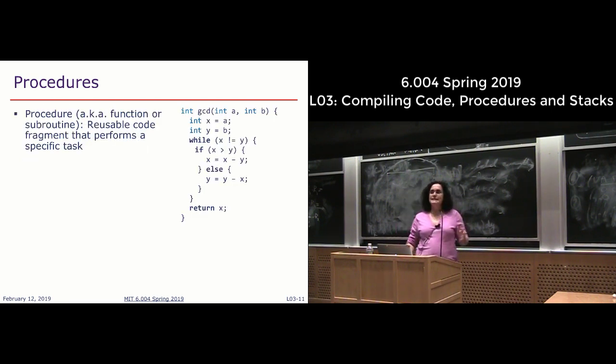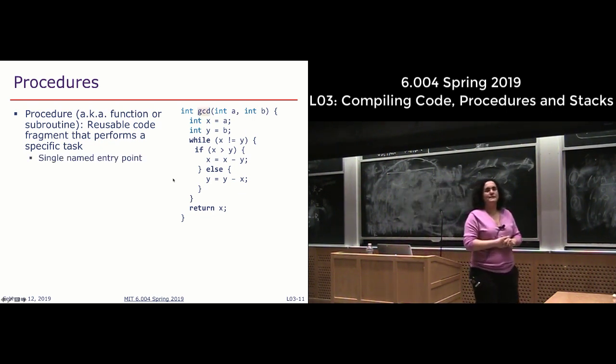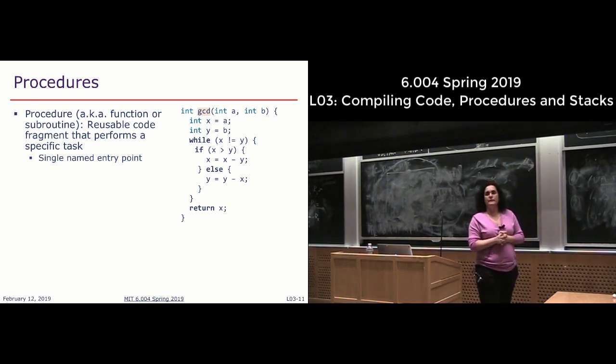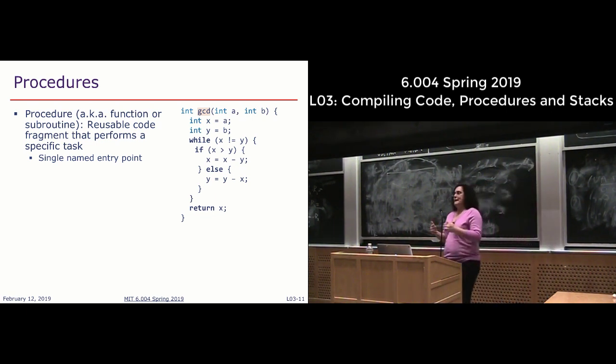First, let's think about what is relevant for procedures in our high-level language. Okay, so here's my procedure. You'll notice that the while statement is exactly what we just translated, but now there are a few more pieces of code that we have to deal with. The first thing is that I have to give my procedure a name, and so it has what we call an entry point.